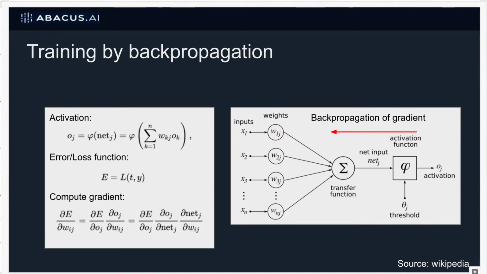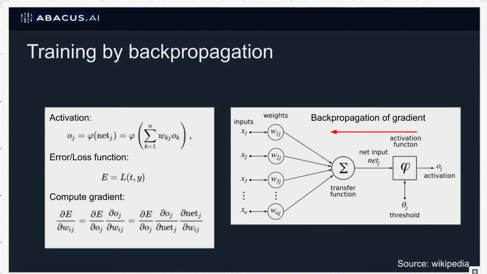Essentially, the reason why we have to use the chain rule twice is very simple. It's because we have two layers of functions. First we have a weighted summation of the inputs, and then we have an activation function.